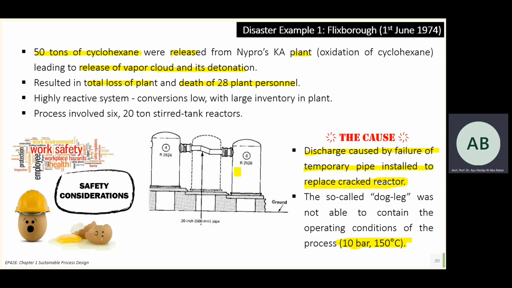Safety issue as well. So here, the temporary pipe is also important, even though it is temporary, because it needs to meet the condition of the process as well. The properties should be the same as the reactor so that it can sustain the condition. Okay.